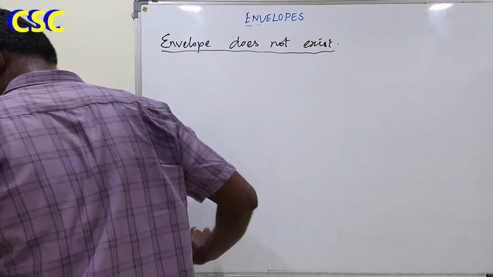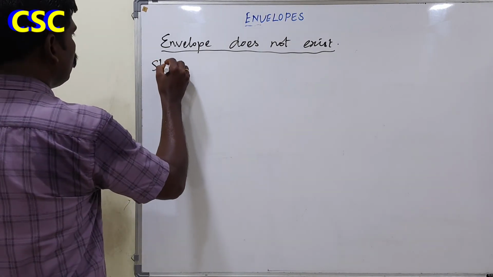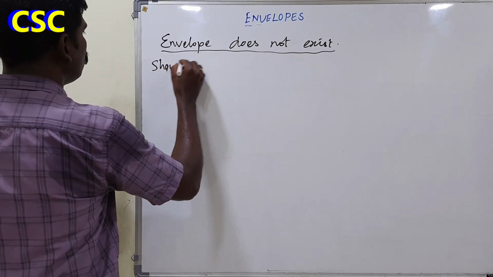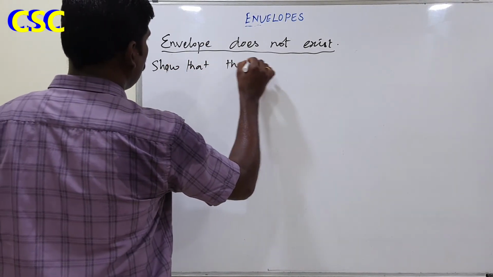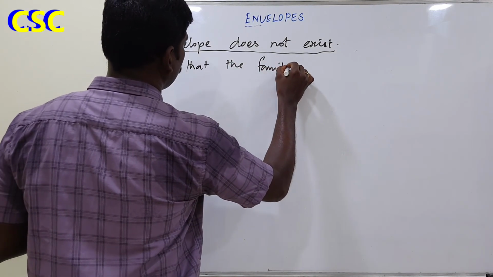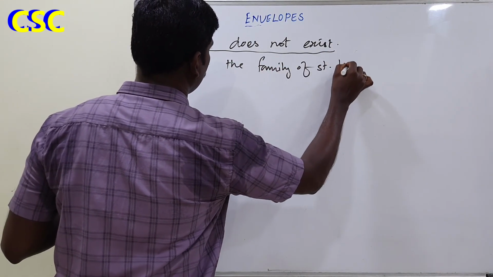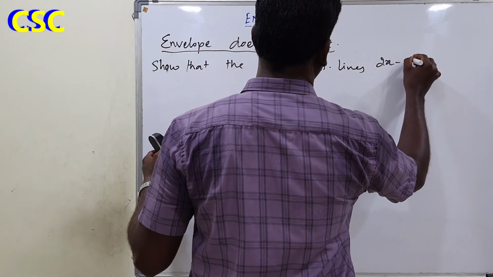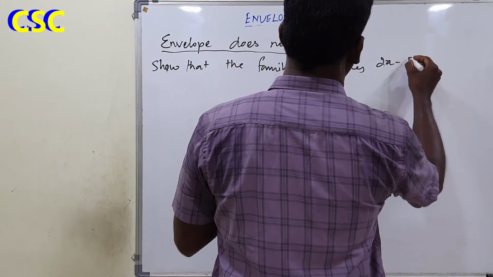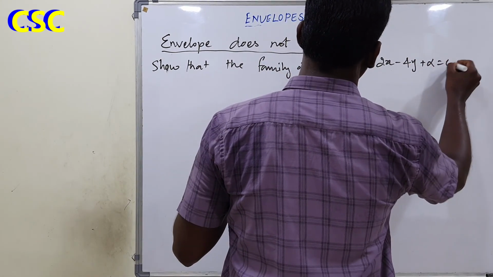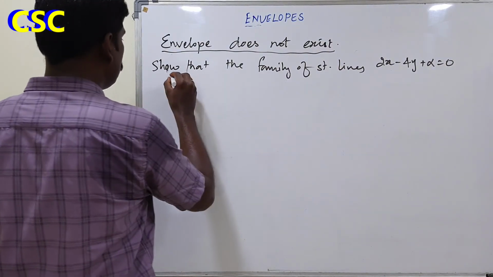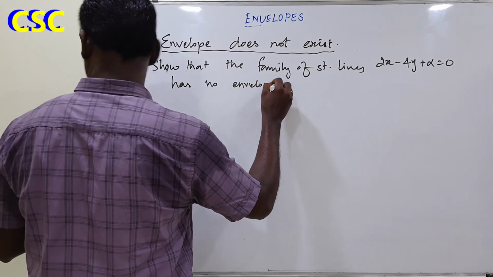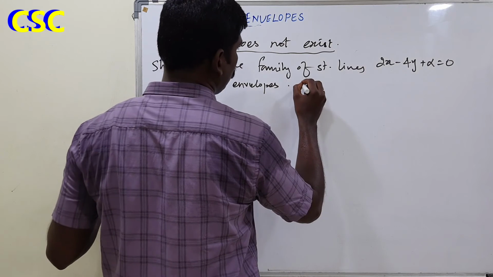Here, show that the family of straight lines 2x minus 4y plus alpha equal to 0 has no envelopes, where alpha is the parameter.